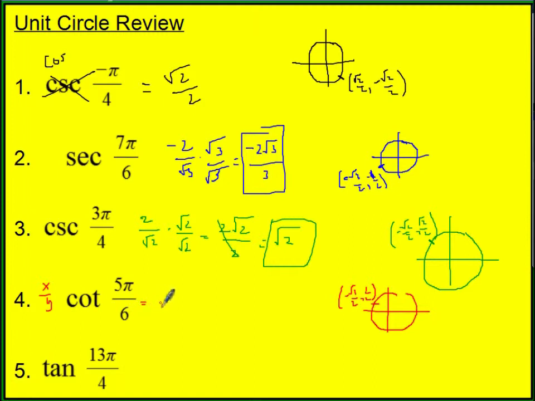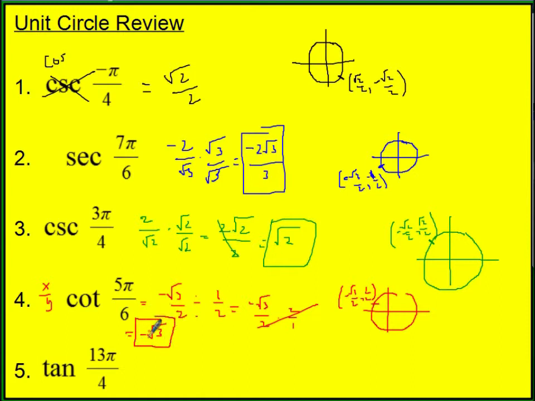So that means we have negative square root 3 over 2 divided by 1/2. And I need to multiply by the reciprocal of that second value. So negative square root 3 over 2 times 2 over 1. 2's cancel out nicely. I get negative square root 3 over 1. So that's just negative square root 3.